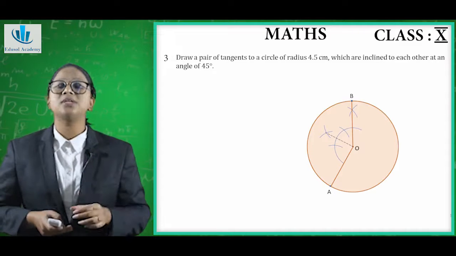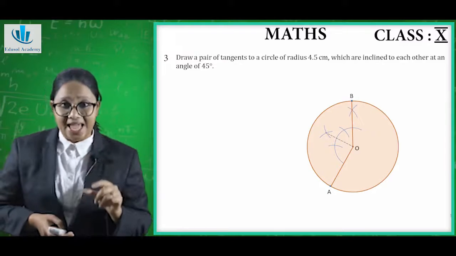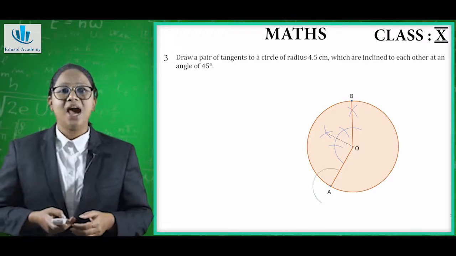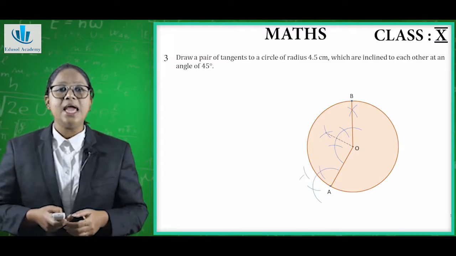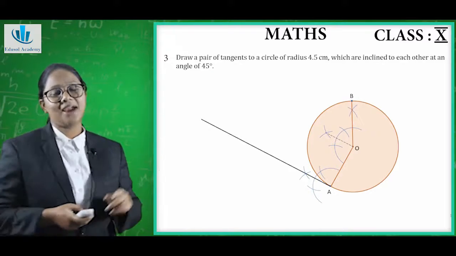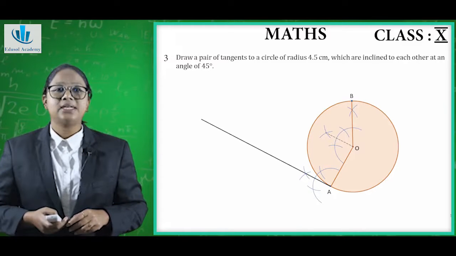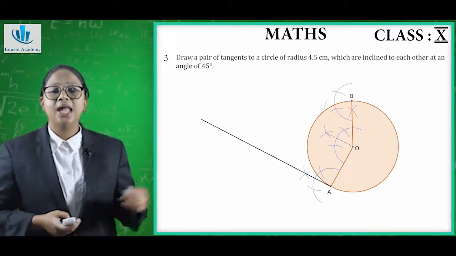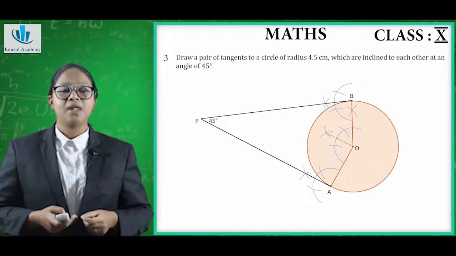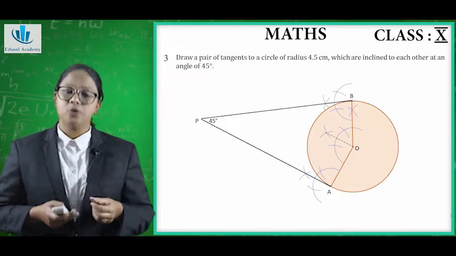We have to construct 90 degrees on either side of OA and OB at A and B respectively. So we construct a 90 degree angle and extend a line from A. As you can see, we extended a line from A. Similarly, draw a 90 degree angle and extend a line from B, and the point where they both meet can be named P. And the angle APB will be equal to 45 degrees.